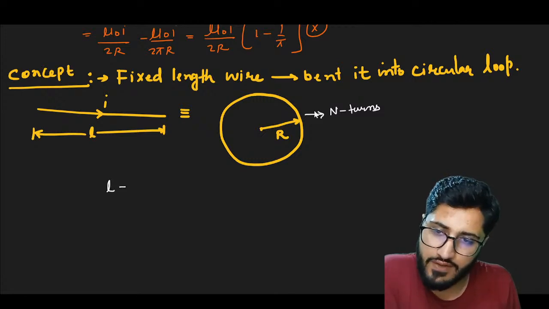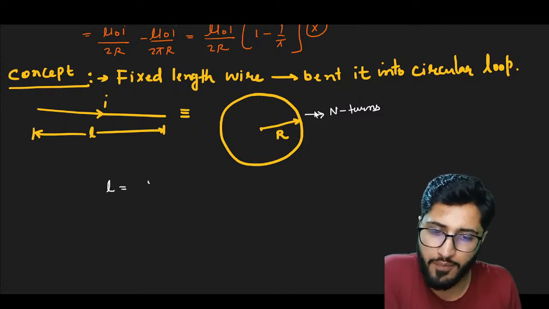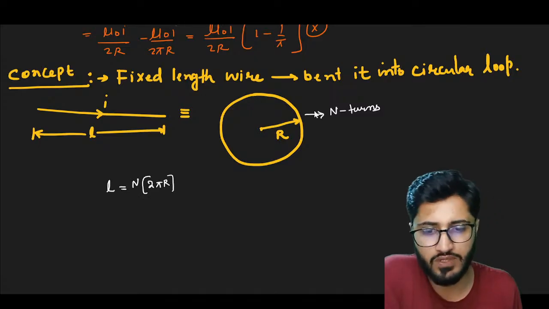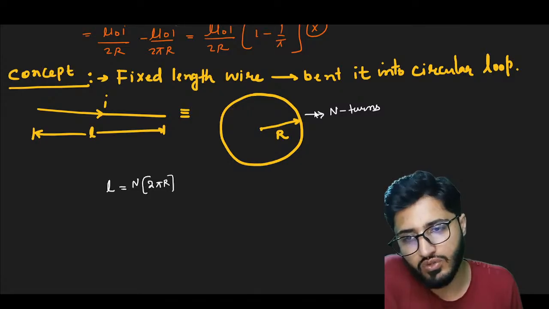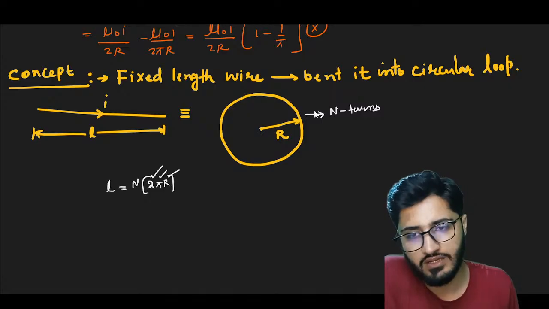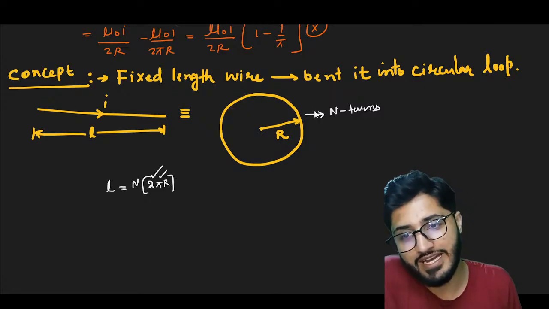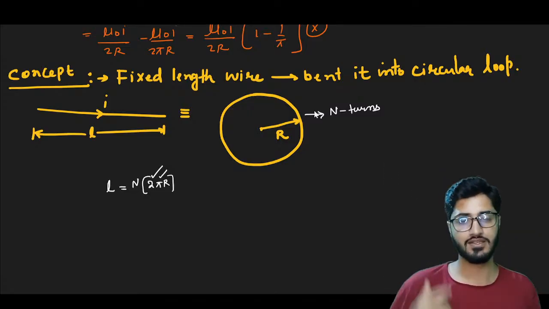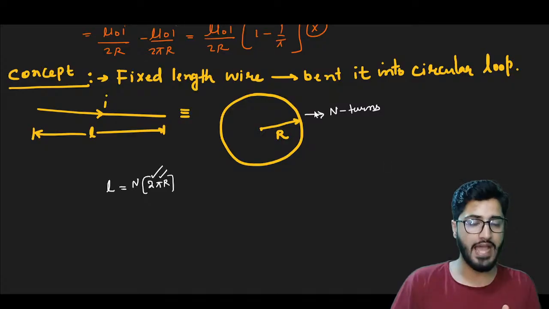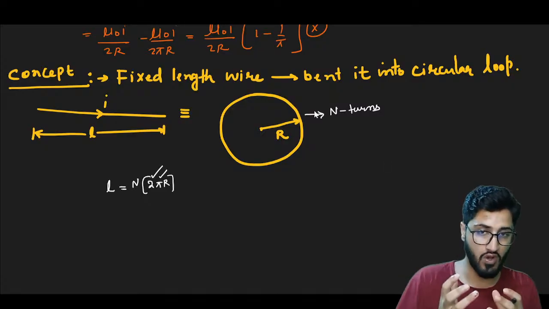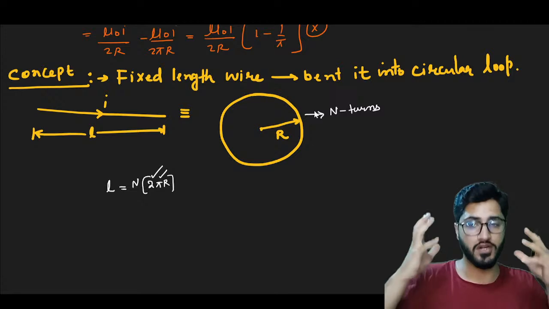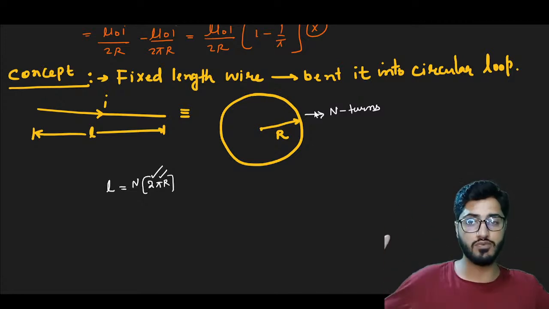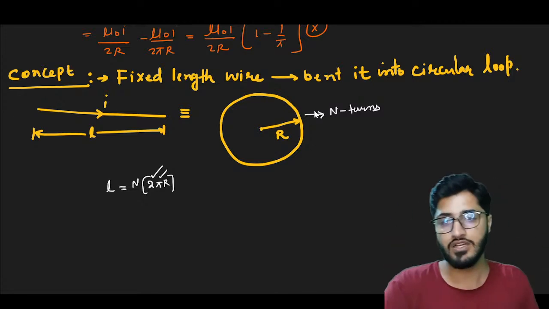The length of the wire and the circumference of this one is equal, 2 pi R. But if it is n times, it is equal to n times 2 pi R. Look here, 2 is constant, pi is constant, R is not constant, R is changing. Why, sir? I can make a small one, I can make a big one. If the radius is small, the number of turns will be more. If the radius is more, the number of turns will be less. So L is fixed now.